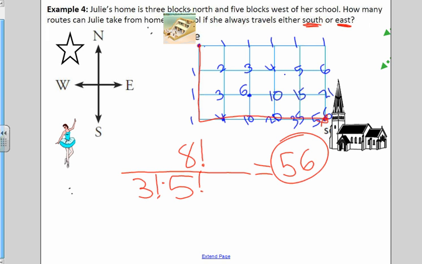And I want you to just take 2 minutes to think, how is this question almost identical to the question before it? So how are example 3 and example 4 almost identical? Let's take just a minute to think about that, and then we'll move on.